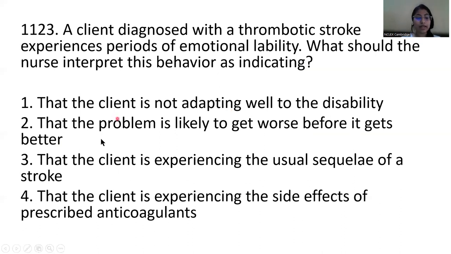The next says the problem is going to get worse before it gets better. The third says this is the usual sequela of stroke, so this is normal in this condition. And option 4 says the client is experiencing side effects of anticoagulants.